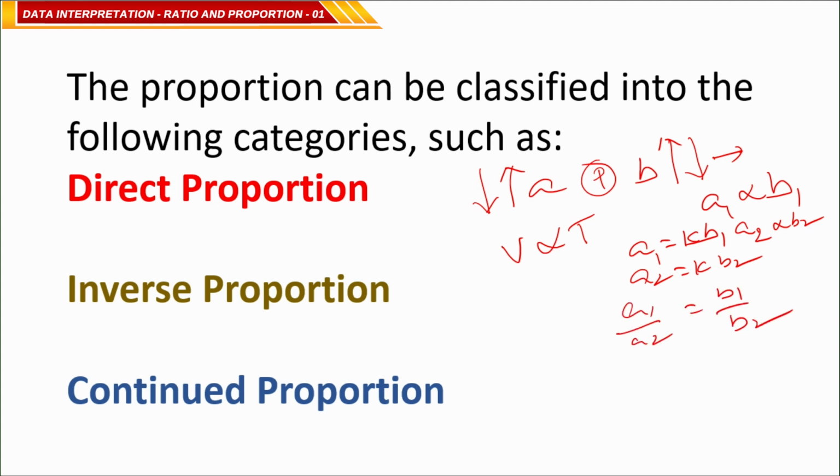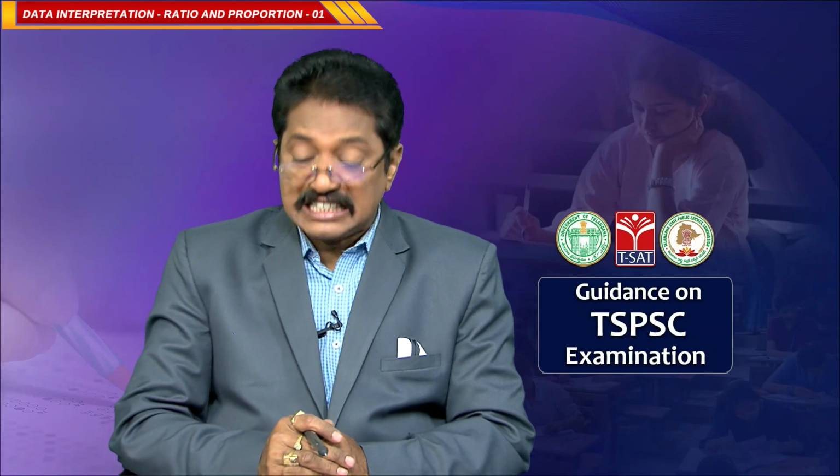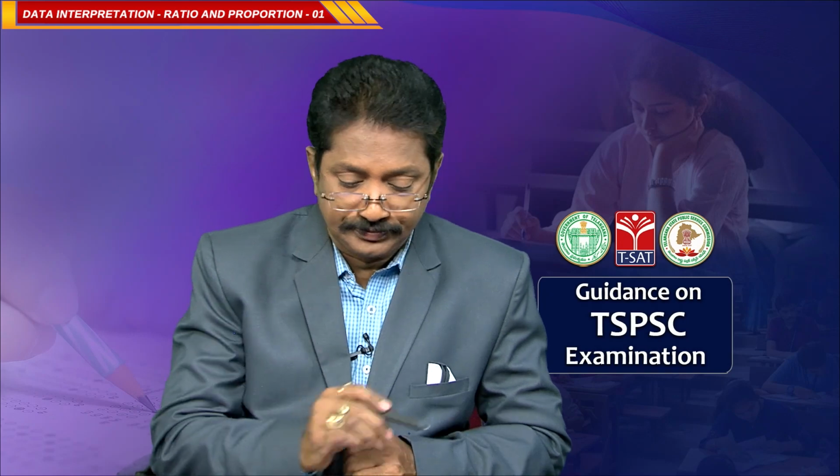If A1 by A2 is equal to B1 by B2, then we can say those two quantities are in direct proportion. Or A is proportional to B, then A equals KB, where K is a proportional constant. Clear? That is called direct proportion.